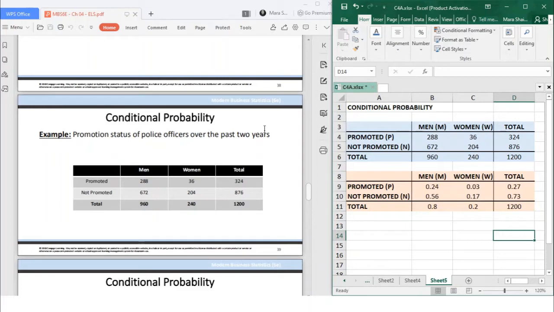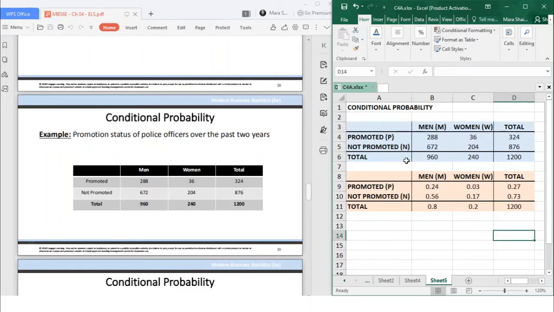Now, again, as mentioned, the table shows the statistics on the number of men and women who were promoted or not promoted. After reviewing the promotion record, as shown in the table, a committee of female officers raised a discrimination case on the basis that 288 male officers had received promotions but only 36 female officers had received promotions.